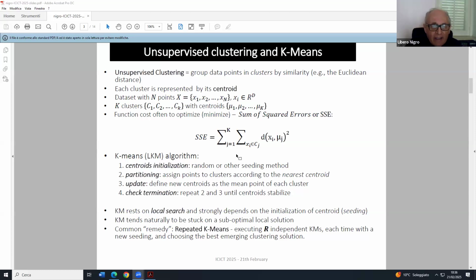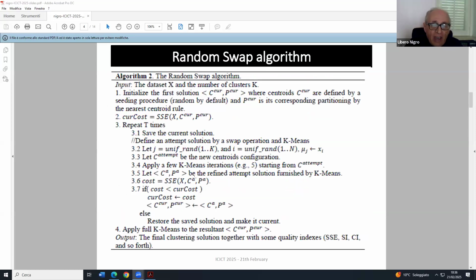Now, random swap tries to overcome this limitation because random swap, basically, at each iteration swaps a centroid of the current solution with a point of the data set.